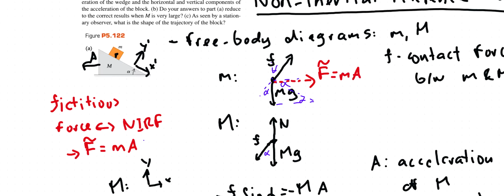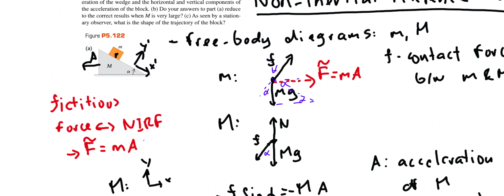Now let me summarize the steps here. I went over to a non-inertial reference frame. I'm going to do my calculation there. But then when I go back, you don't want to report your result in a non-inertial reference frame.